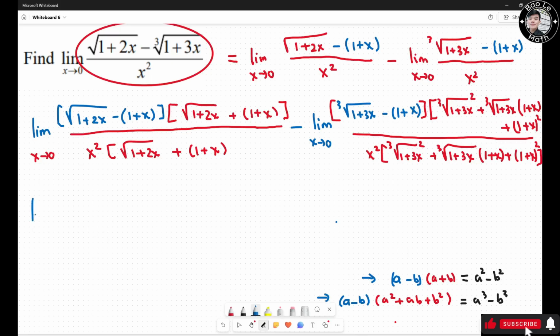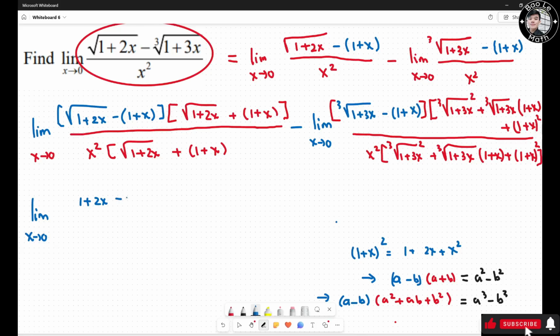So this turns out to be the limit as s approaches 0, the top becomes 1 plus 2s minus (1 plus s) all squared. So I'm going to expand this one. (1 plus s) all squared equals 1 plus 2s plus s squared. This one is the perfect square formula.